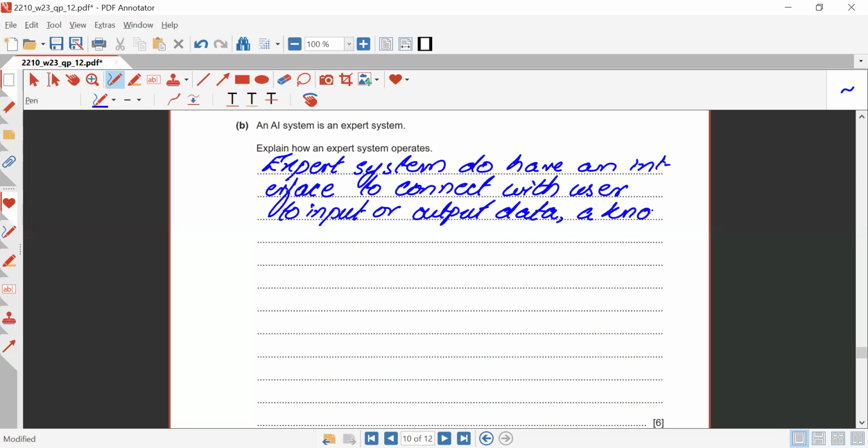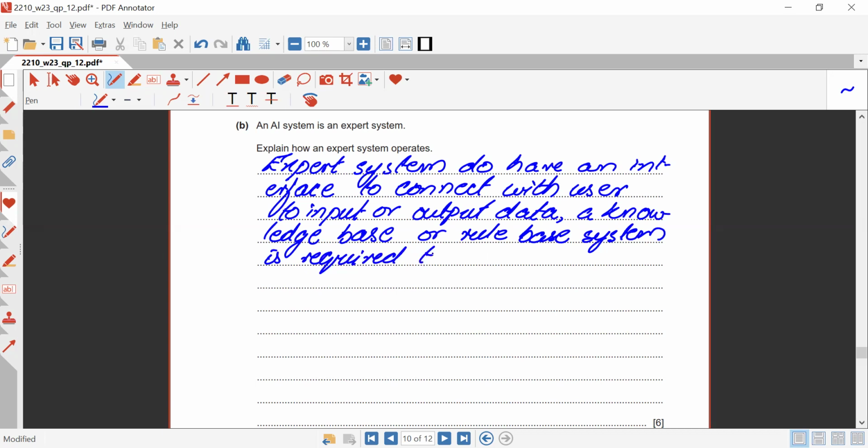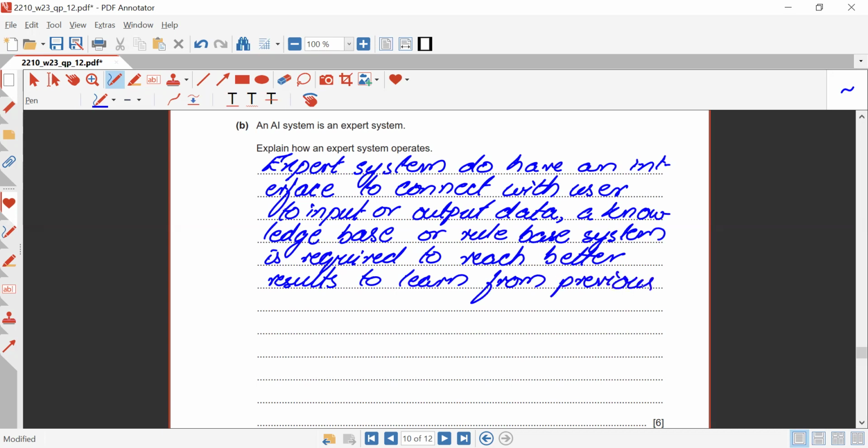A knowledge base or rule based system is required to reach better results or to learn from previous inputs and outputs. So it might learn from the previous inputs and outputs.